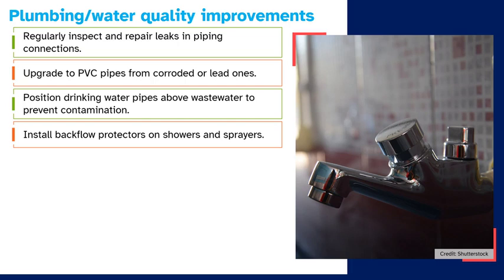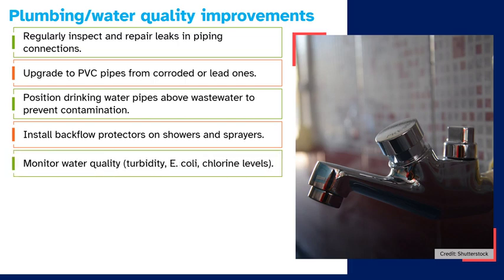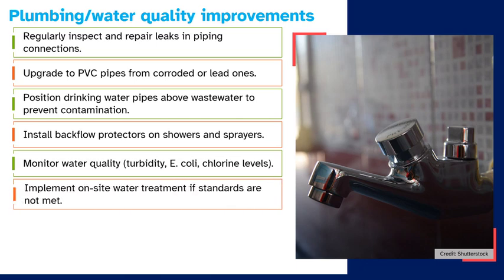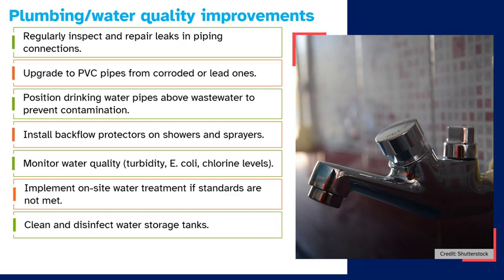As previously discussed, regular water quality inspections, including visual indicators and testing for chlorine residual, turbidity, and fecal indicator bacteria are essential. Implement on-site water treatment if standards are not met. Clean and disinfect water storage tanks regularly, and all sinks and taps must be kept functional to prevent disruptions in water supply and access.